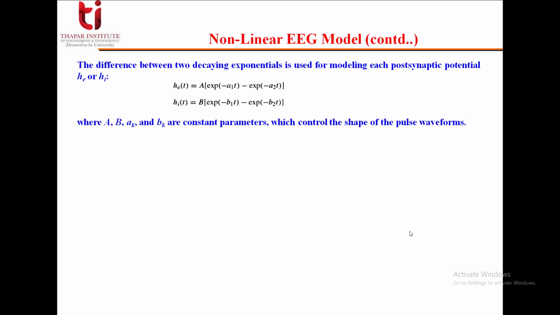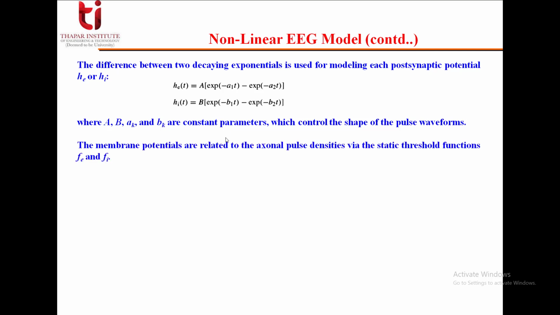The difference between two decaying potentials is used for modeling each postsynaptic potential, as we can see here. So HE or HI: HET is A times exponent of minus A1t minus exponent of minus A2t. Similarly, HIT is B times exponent of minus B1t minus exponent of minus B2t. Here A, B, AK and BK are the constant parameters which mainly control the shape of the pulse waveforms.